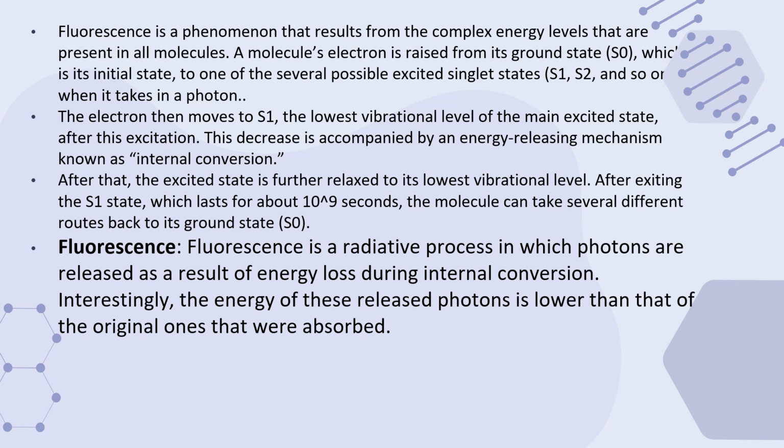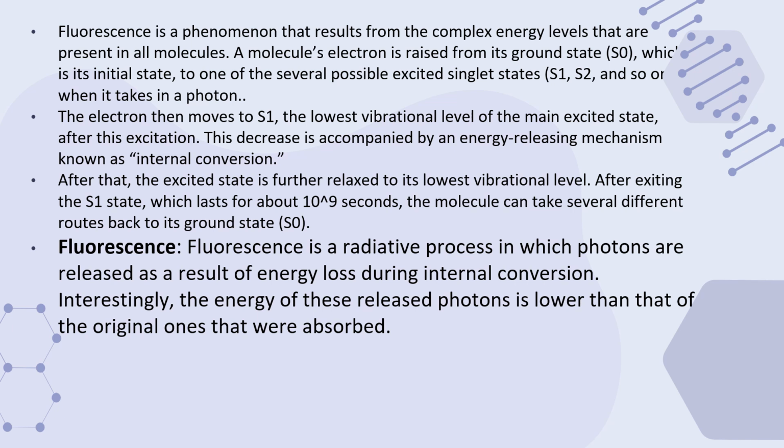The electron then moves to S1, the lowest vibrational level of the main excited state. This is accompanied by the energy releasing mechanism known as internal conversion. After that, the excited state is further relaxed to its lowest vibrational level.